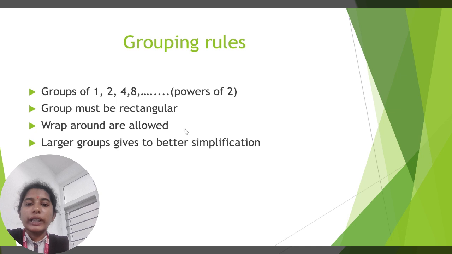If we have the possibility of 16, we group 16, or if we have 8, we group 8. If we have the possibility of 4, we make a group of 4. If we have 2, we make a group of 2. 2 is called a pair, 4 is called a quad.